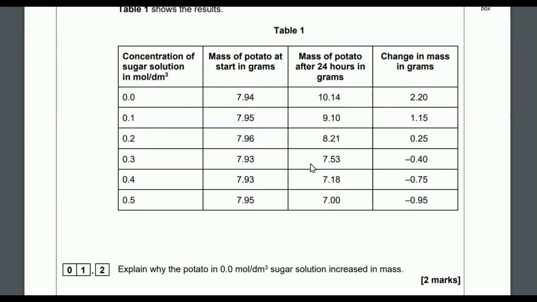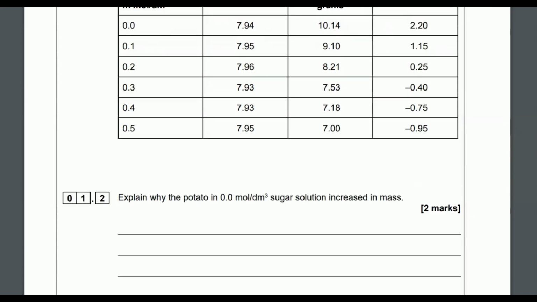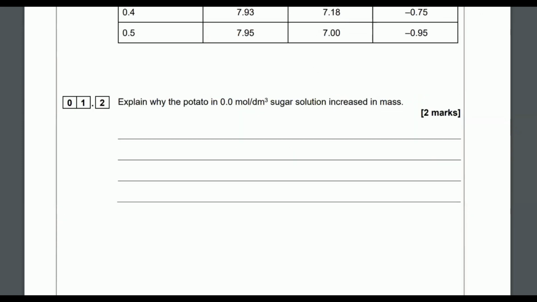Now, the first question, explain why the potato in 0 moles of sugar increased in mass. So if we look here, this one that is 0 moles of sugar, so no sugar in the solution, it's just water. The potato went from 7.94 to 10.14, increased by the most mass. It went up by 2.2 grams. So what has gone into the potato and increased the mass?